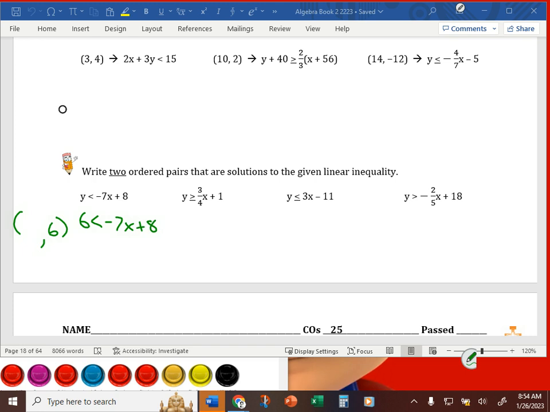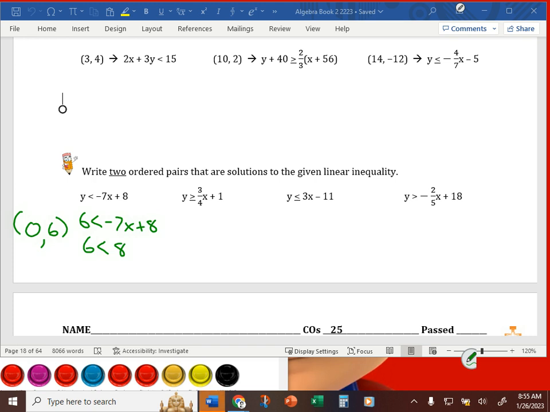What's a value for x that would make this true? Eli: 0. If we plugged in 0 for x, negative 7 times 0 is just 0, and we're left with 8. 6 is less than 8.